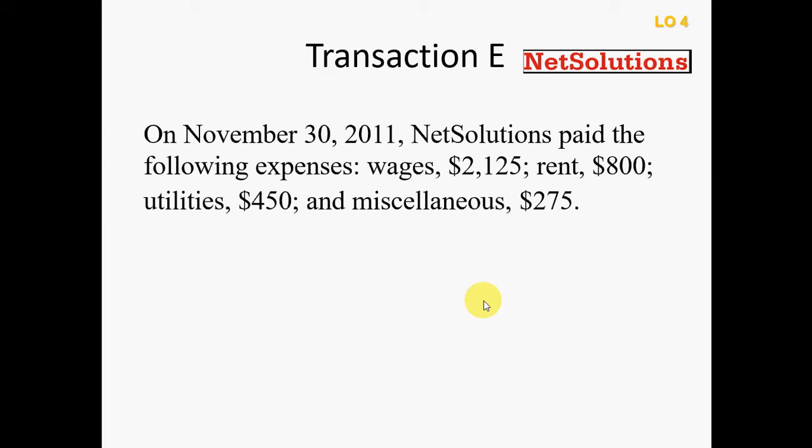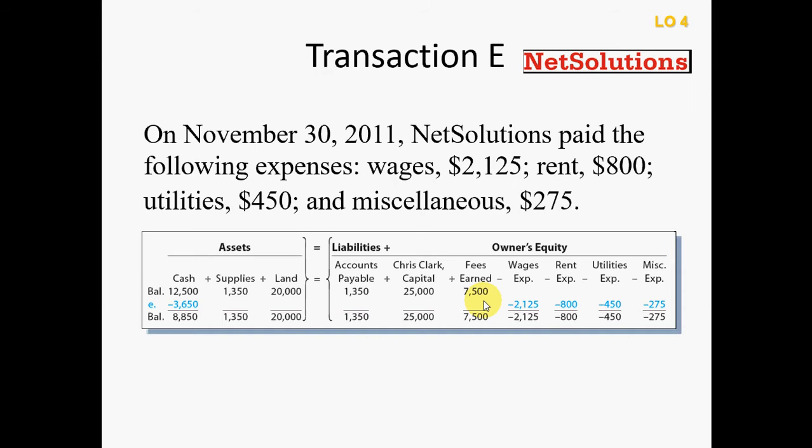All expenses appear under the head of owner's equity with a negative sign. Why? Because whenever we have an expense, our owner's equity is going to decrease. So wages expense is minus 2,125, rent expense minus 800, utility expense minus 450, miscellaneous minus 275.